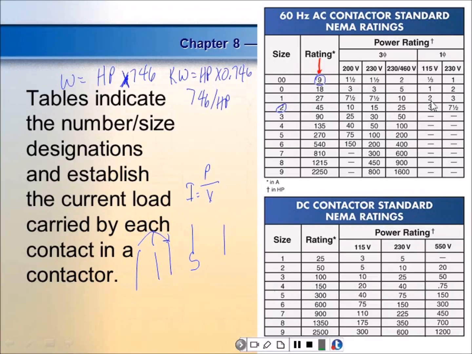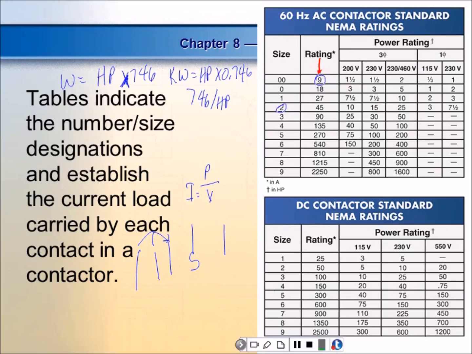And if I use these relays for single phase, by the way, the coils will never be 3-phase. The coils themselves are either going to be DC or single phase AC. What we're talking about here is not the rating of the coil, we're talking about the rating of the contacts. Everybody okay there? And contacts that are rated for AC don't care if you put single phase or 3-phase.